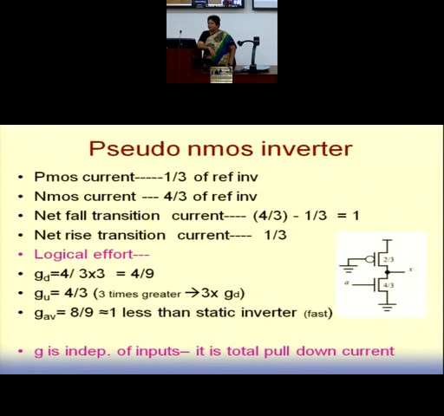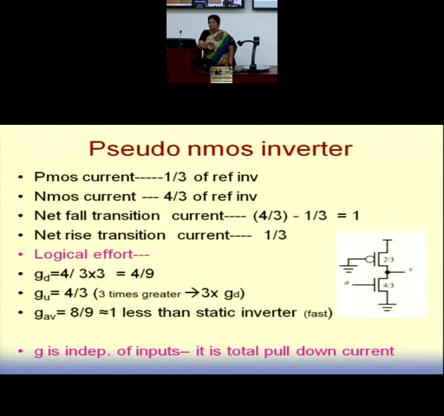Then you can take the average of G up and G down, which comes out to be 8 by 9, close to 1 but less than 1. Why? Because your PMOS inputs are not going to the PMOS at all. The pull up is a simplified block, and that is what results in the G.